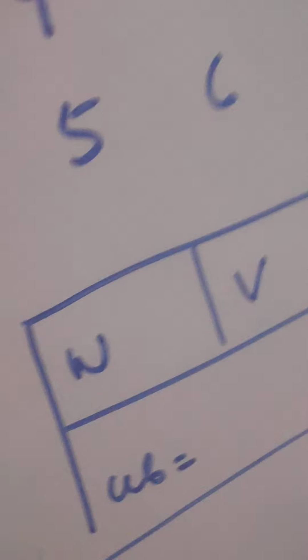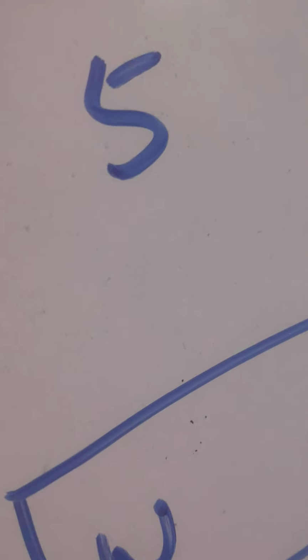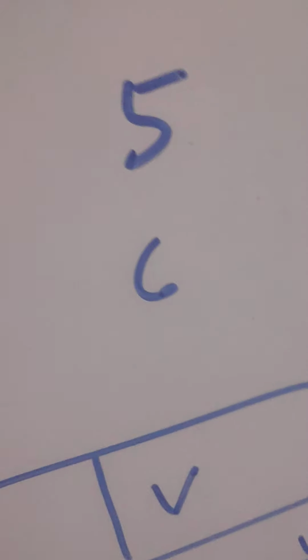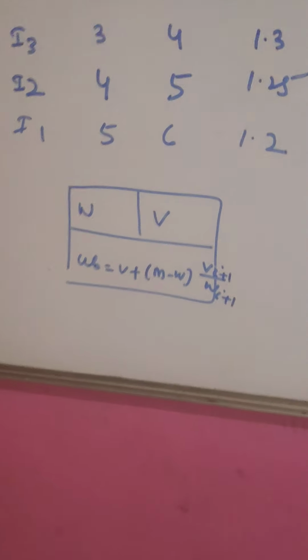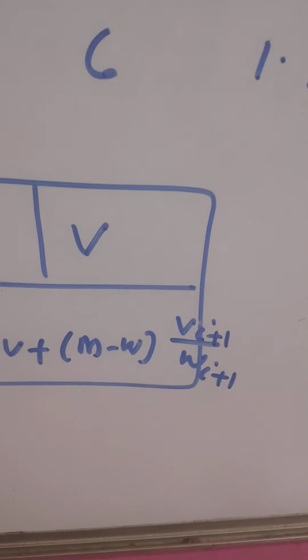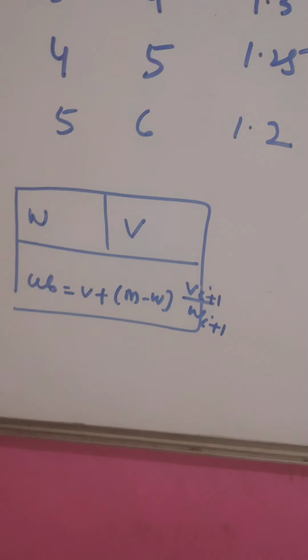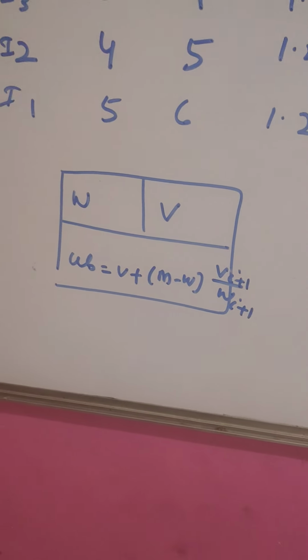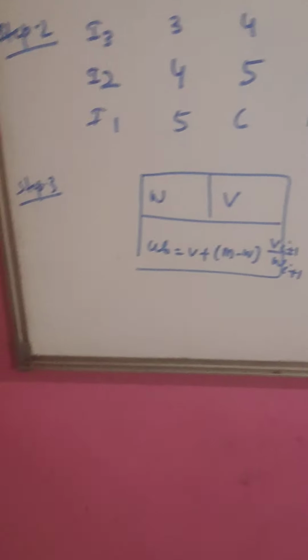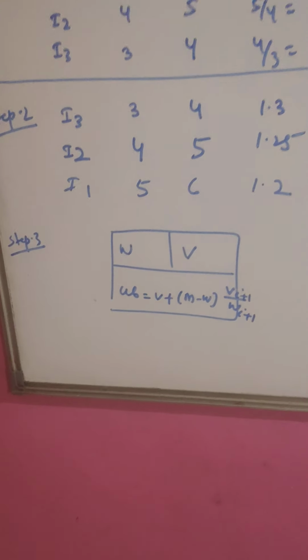The upper bound formula is V plus M minus W into Vi plus 1 by Wi plus 1. Please note it down.